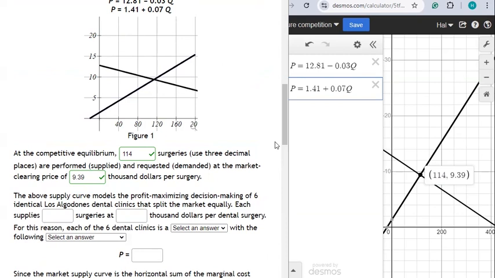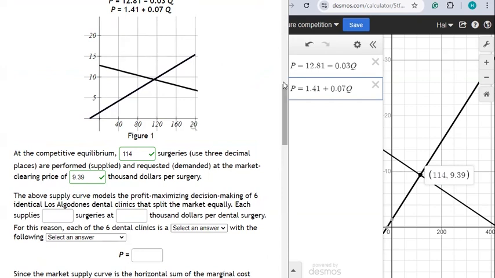The assumption is they're identical dental clinics. You walk into a dental office, what do you see? Dental chairs, tools, water vacuums that suck saliva and water out of your mouths, x-ray machines, right? We're going to assume that these dental clinics are identical and that they split this market equally.